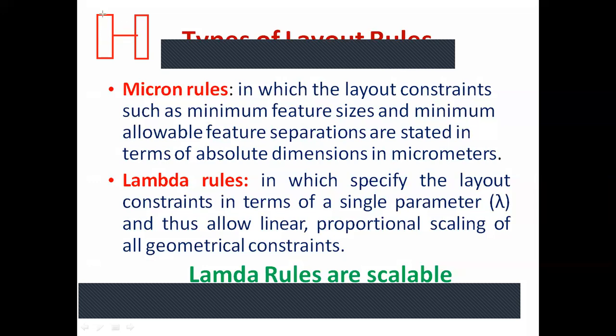This is the gate of one transistor, and this is the gate of another transistor. So what should be the minimum distance? That distance is specified in terms of microns. Suppose it is 1 micrometer. They may specify it like this: it is 1 micron. So it specifies absolute values.